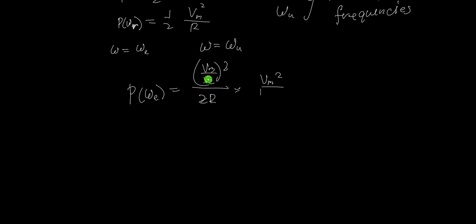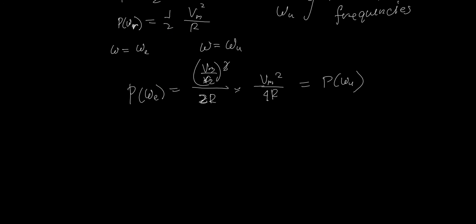The square root and the square will cancel out. This will be 2 times 2, and that's 4 times R. So Vm squared over 4R is the power at the lower part of the frequency. And for omega U, that's also the same thing. Why? Because they have the same value for the voltage, also Vm over square root of 2. So this is the power during the half power frequencies.